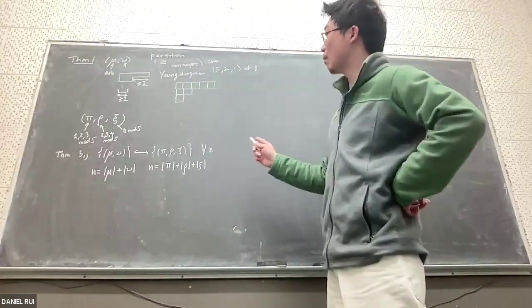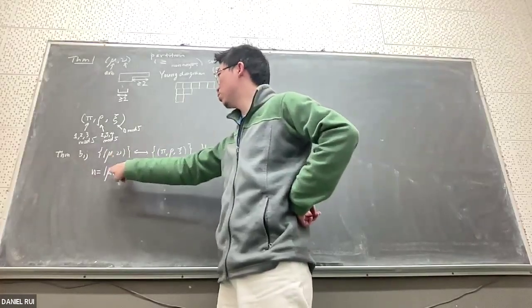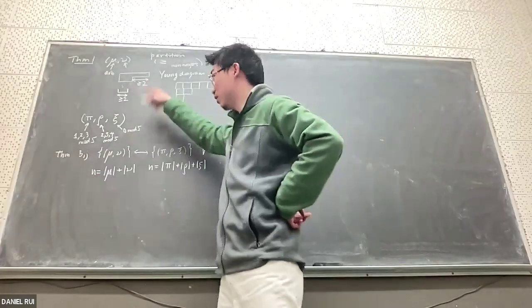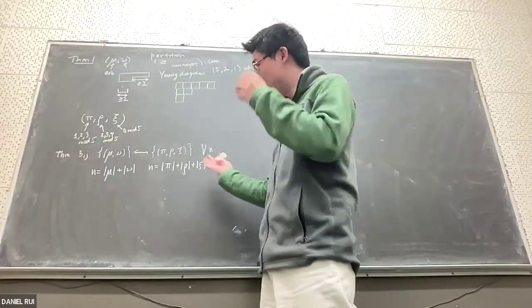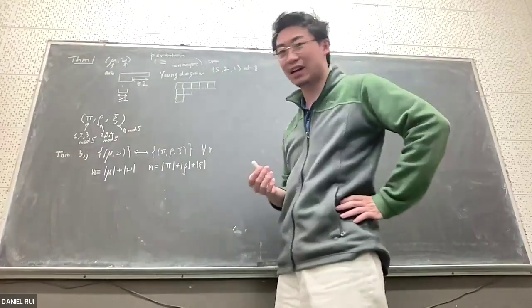So for any n, there are a bunch of mu's and nu's whose total sums are n, and there's a bunch of pi, rho's, and c's satisfying all the relevant conditions. And this is saying that there is in fact a bijection. And so in particular, they're the same number.